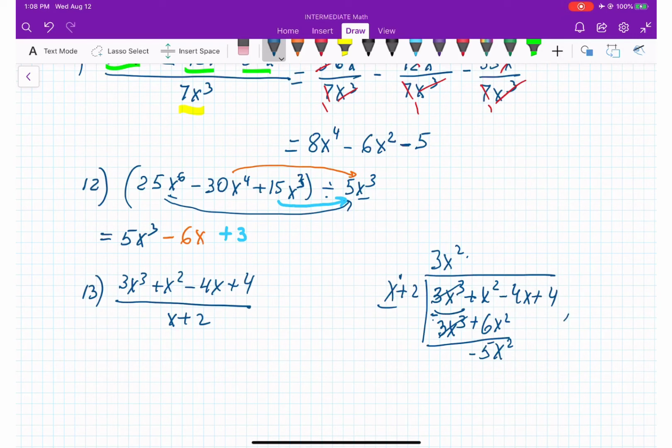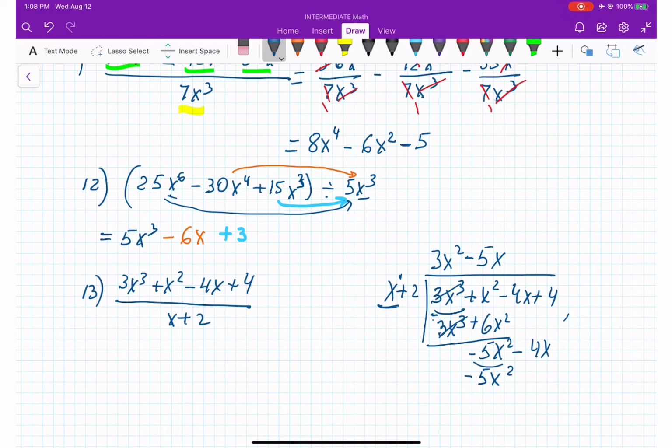Okay, bringing down 4x. Negative 5x squared dividing by x is going to be minus 5x. Okay, negative 5x times x is going to be negative 5x squared.